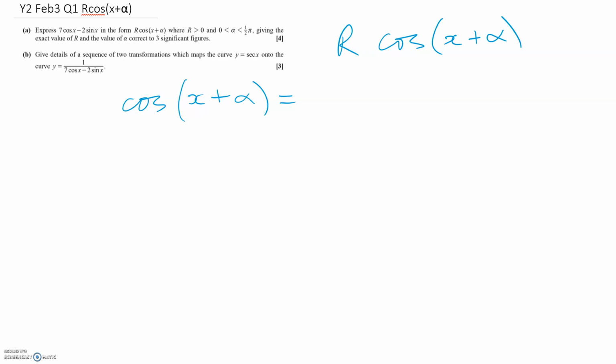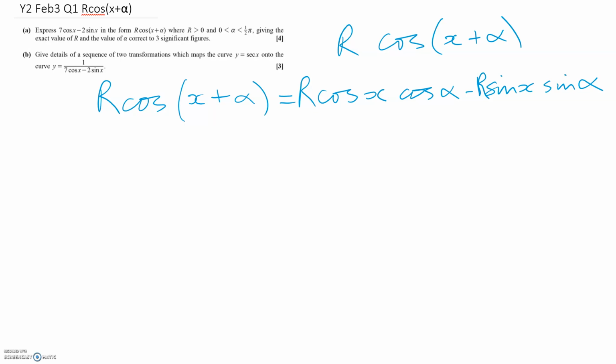If you expand that, you should get cos x cos alpha, and then that would be minus sin x sin alpha. Then I'd stick the r back in, so you've got an r there, an r there, and an r there.